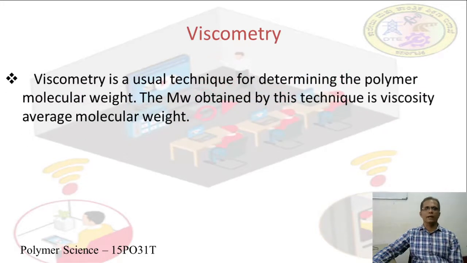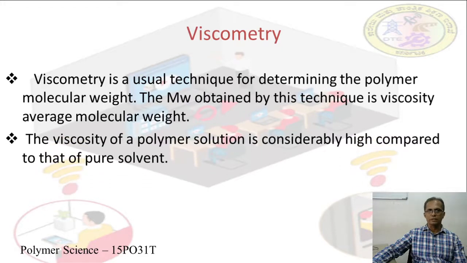What is viscometry? Viscometry is a usual technique for determining the polymer molecular weight. The molecular weight obtained by this technique is called viscosity average molecular weight.